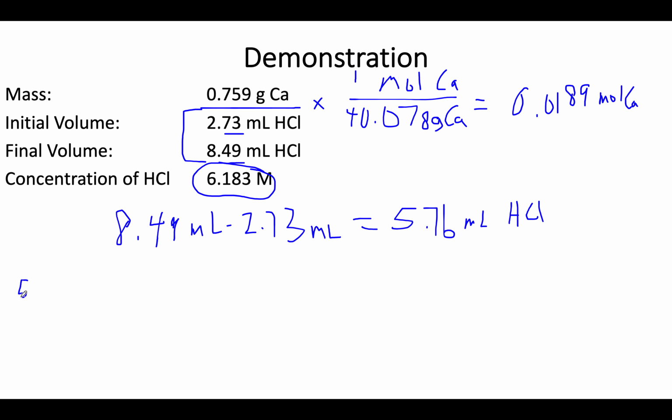So if we go over here, we can say, well, I also have molarity of HCl, which is moles per liter, so that's a metric conversion. So that's 1,000 mL per 1 liter. And now our molarity, remember, write capital M as moles per liter.